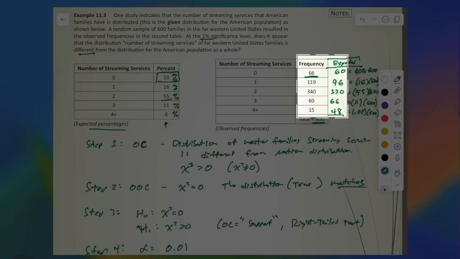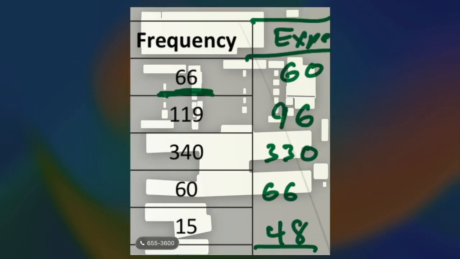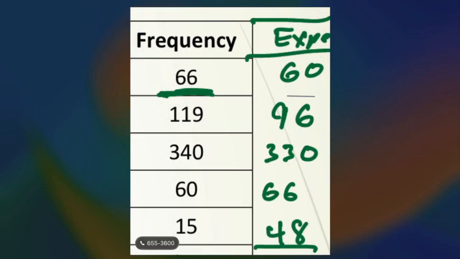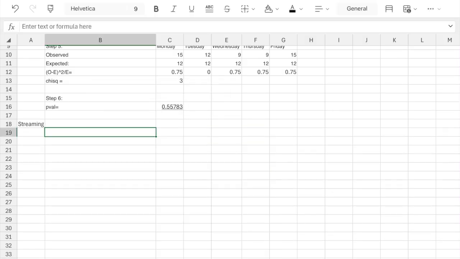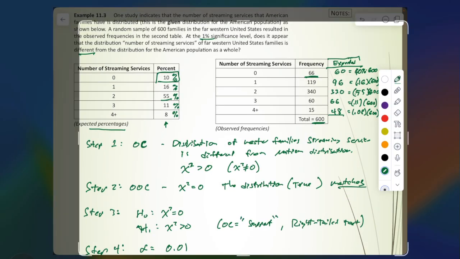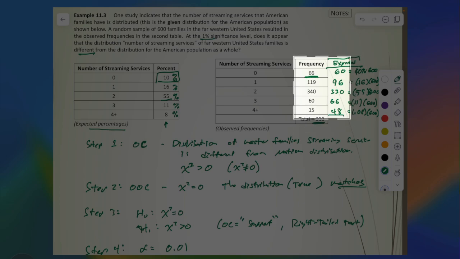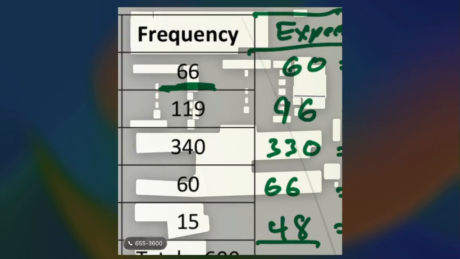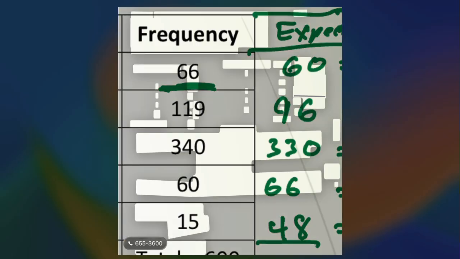See if I can get those expected as well. Copy. Okay, use the optical character recognition. It thinks it's a phone number. Can I copy that?